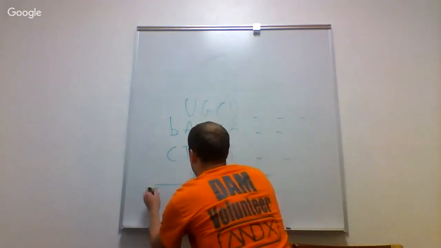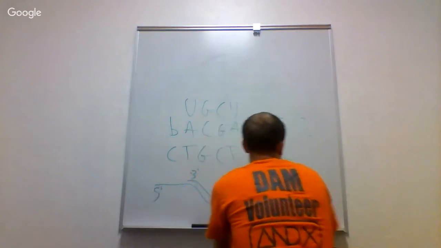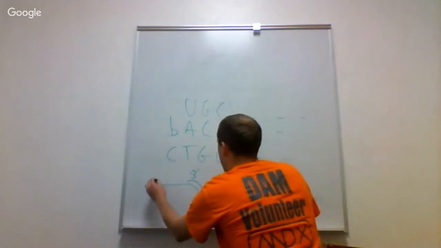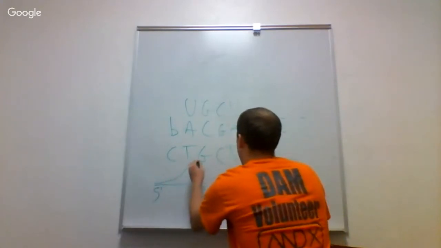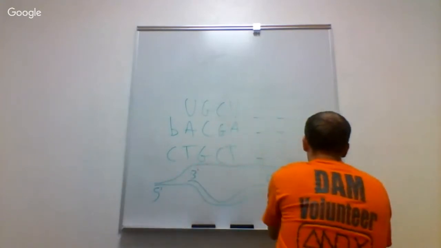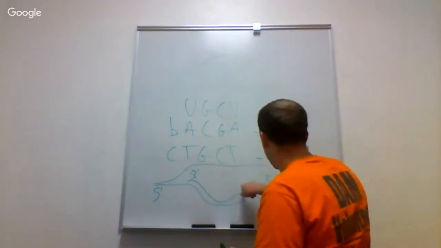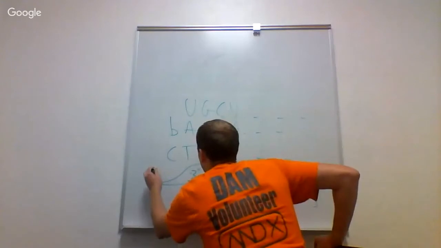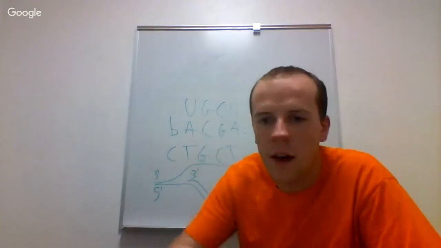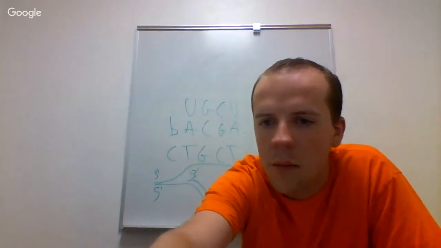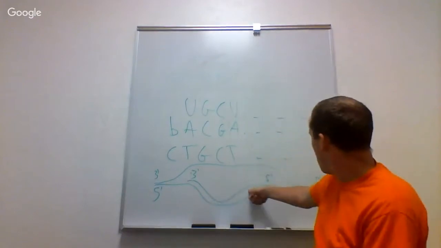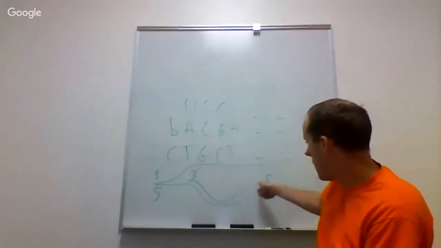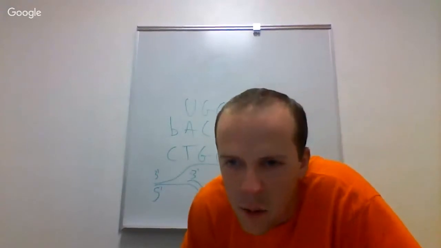It's going to be 5' here, 3' here. Then we have the other strand on the other side, the coding strand. It's going to be the same as the RNA, so it'll be 5' here, 3' here. And then this is our mRNA, the template strand, and the coding strand.